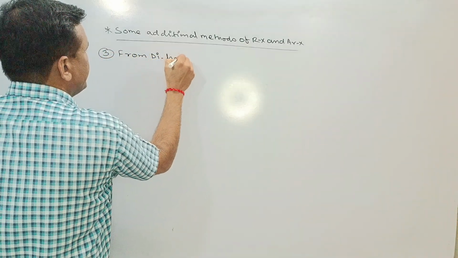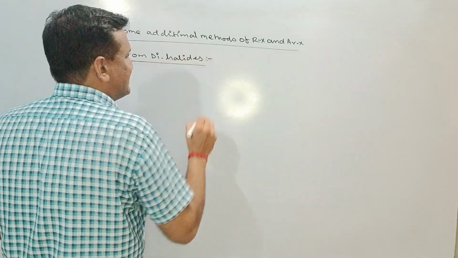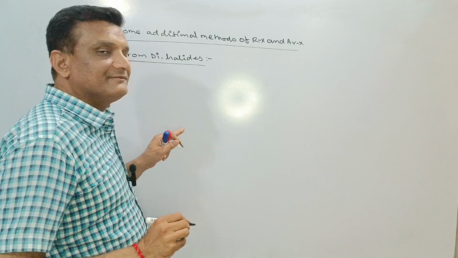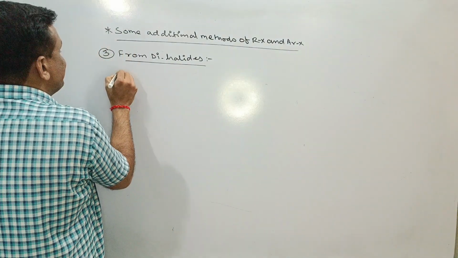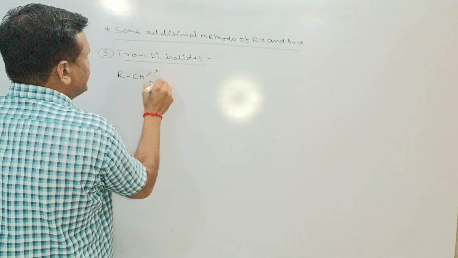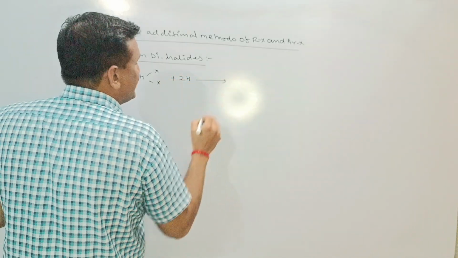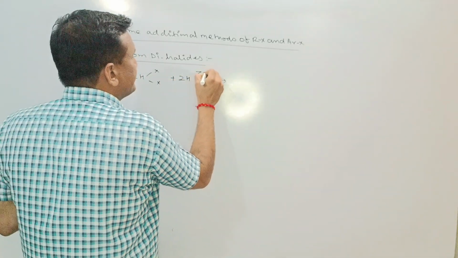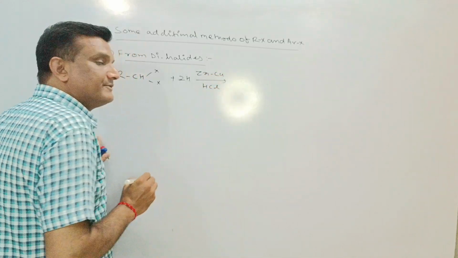There are two important dihalides, gem and vicinal, by which we can get haloalkane also. If you go with the gem dihalide, then the halogen atoms will be present on the same carbon atom like this. So on reduction in the presence of Zn-Cu and concentrated HCl, we can take HCl also.